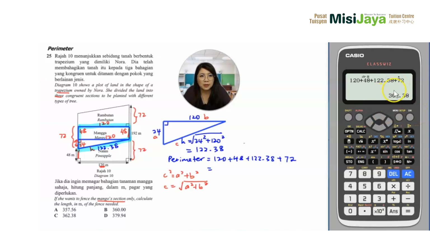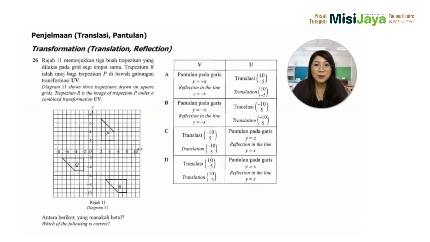Press the SD button. So 362.38, in meters. So the answer is C. Okay, that's the answer. Let's look at question number 26.